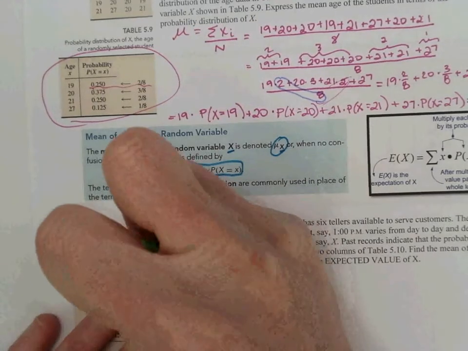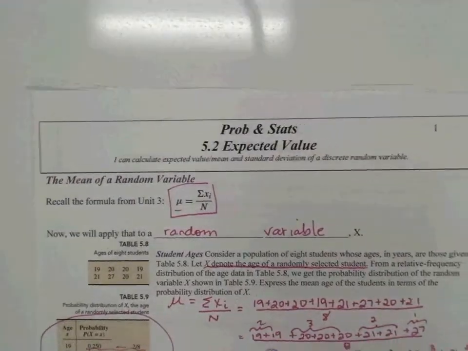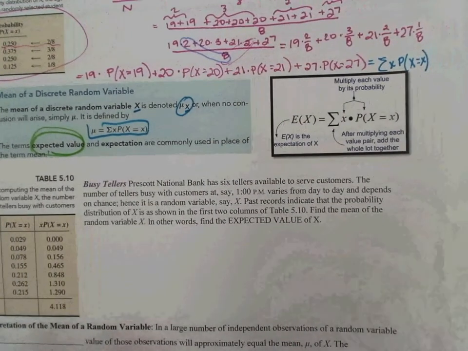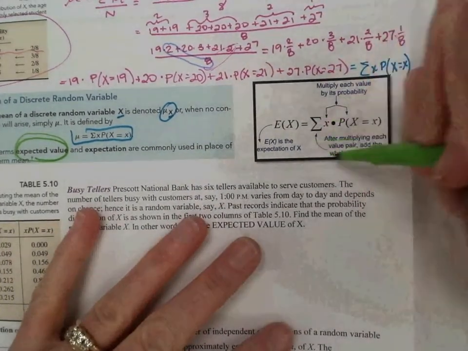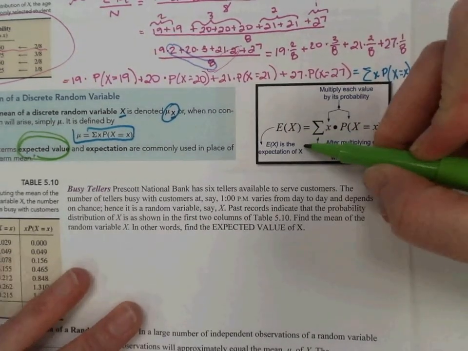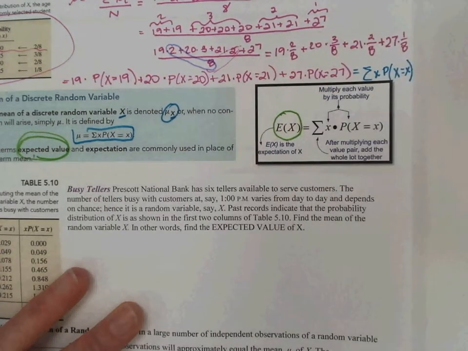The terms expected value and expectation are commonly used in place of the term mean. So we'll see this term quite a bit, expected value, which is what we named the notes today. I put this reference here as well, just because I like the way that each of these pieces is defined, and this symbol is sometimes used instead of the mu symbol.